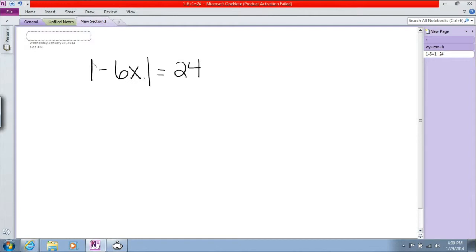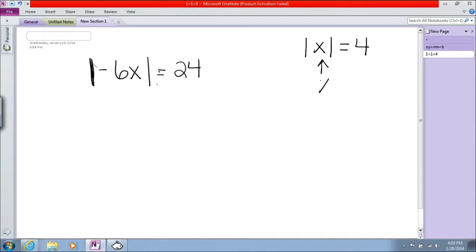One thing that's important to know about absolute value is that absolute value means the distance from zero. So this is Luigi's question here with the absolute value of -6x equals 24, and I'll get to that in just a second. If we have the absolute value of x equals 4, what that means is that whatever x is, it's going to be 4 spaces away from 0.